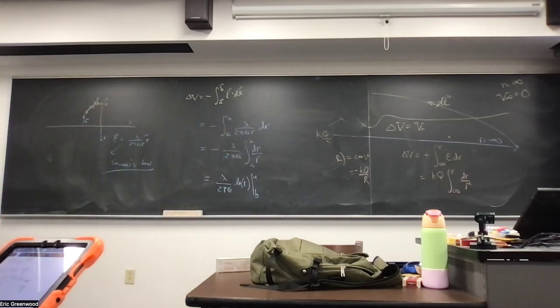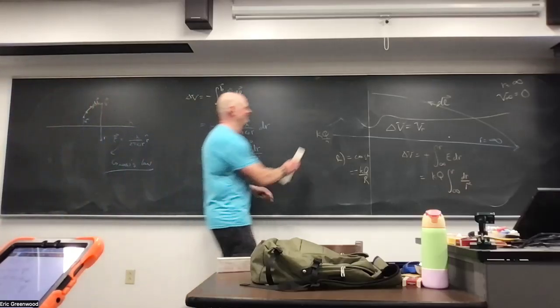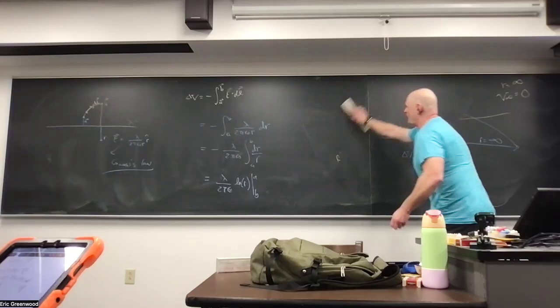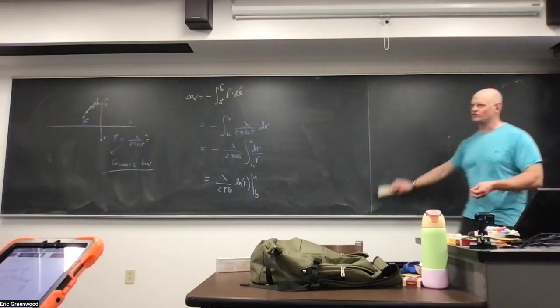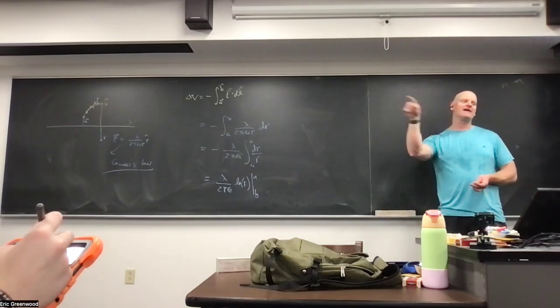Why is that? Because I brought the negative inside, which switched the order of the bounds. So I did a sleight of hand on you there. So now I'm going to have the natural log of a minus the natural log of b, but what's natural log of anything minus natural log of anything?